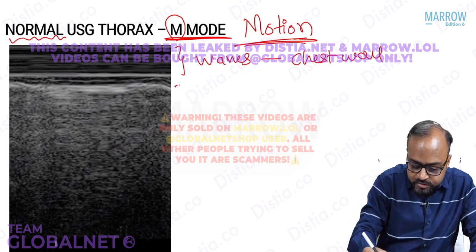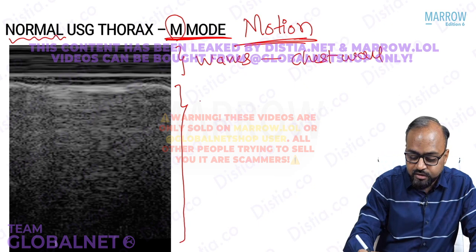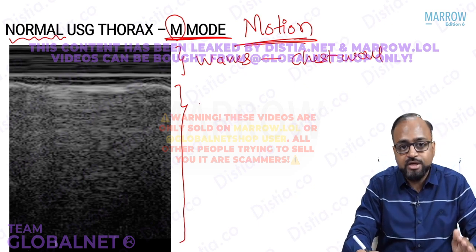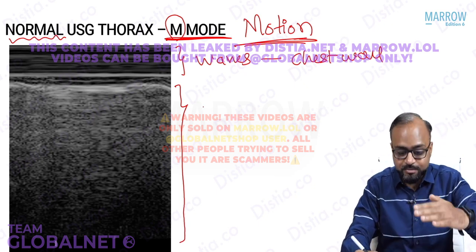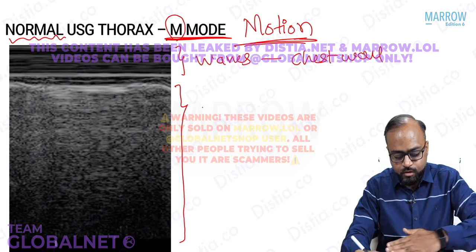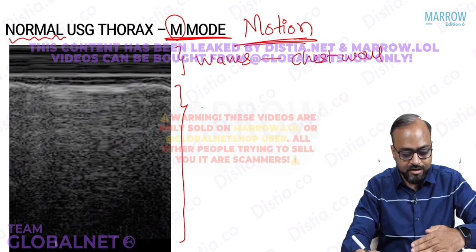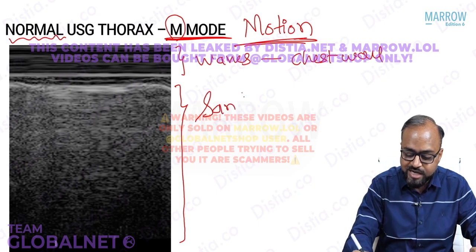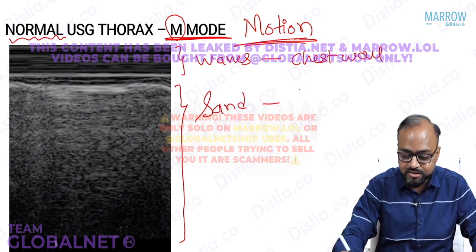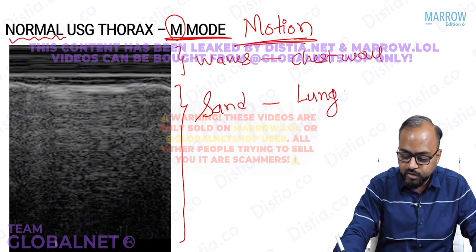Beyond it is entirely the lungs, because air is the enemy of ultrasound. What happens is that it gives rise to a very uniform, granular, sand-like appearance. So this looks like sand on a beach. This is created by the lungs.